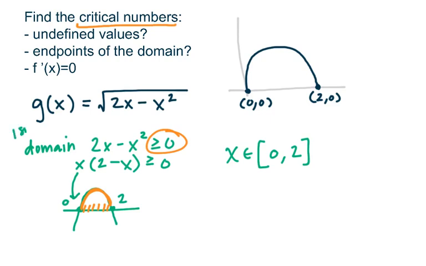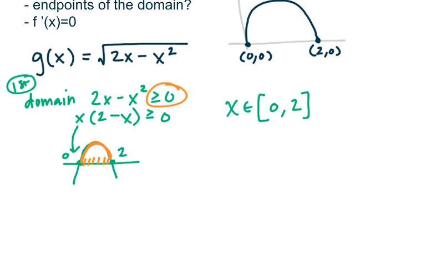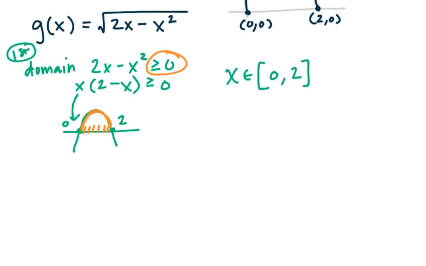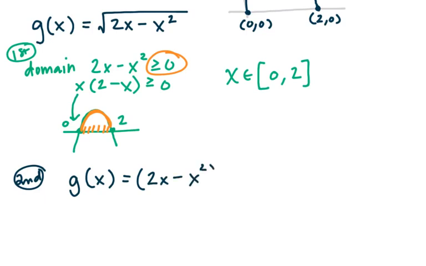So my second step here is going to be the derivative. I'm going to scroll down a little. We're going to find g prime of x. I'm not going to write that yet. I'm going to rewrite my function. So g of x, and I'm going to take that square root and write it as a 1/2 power.